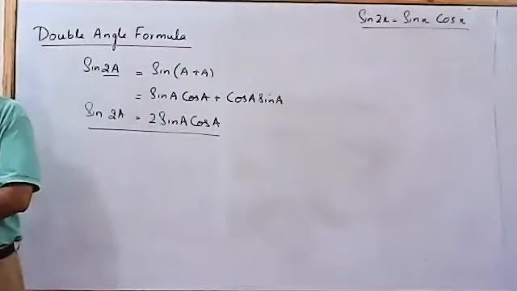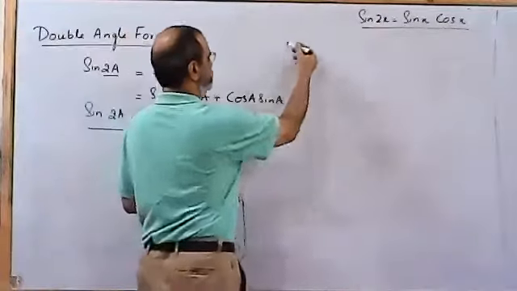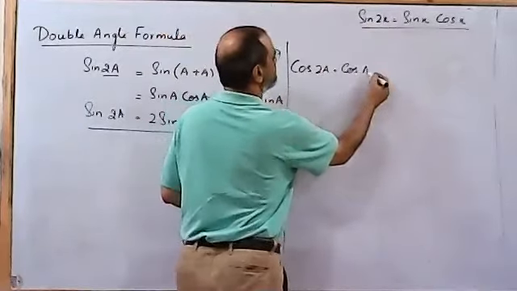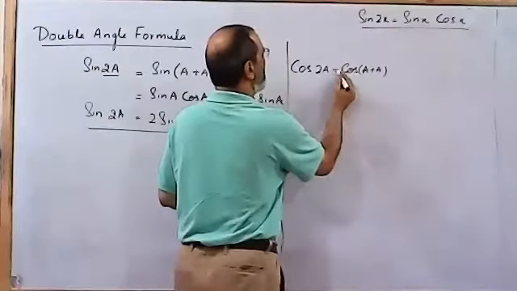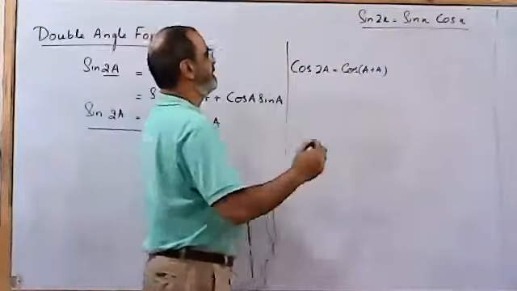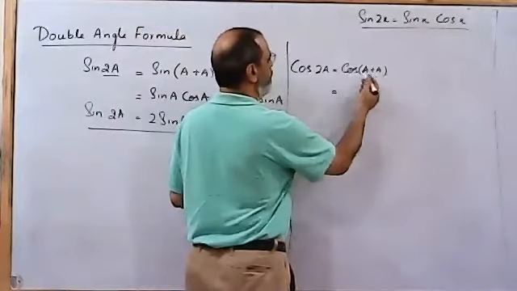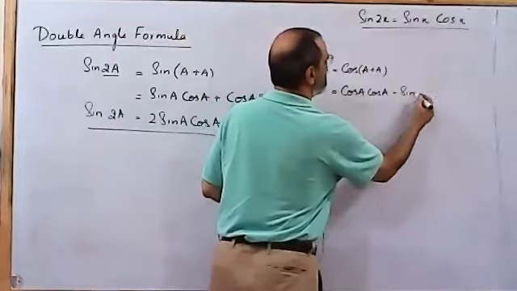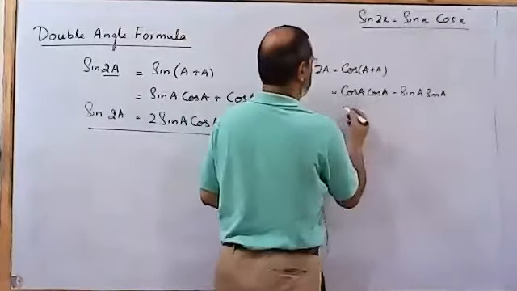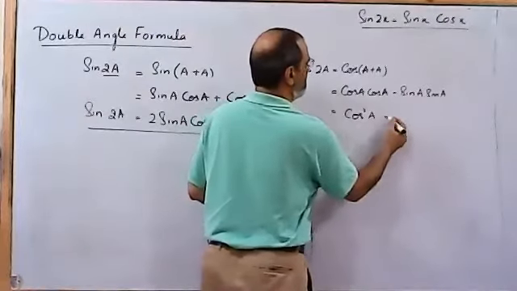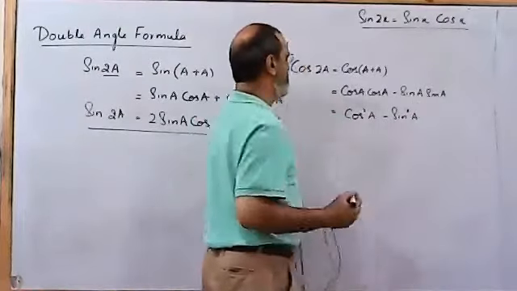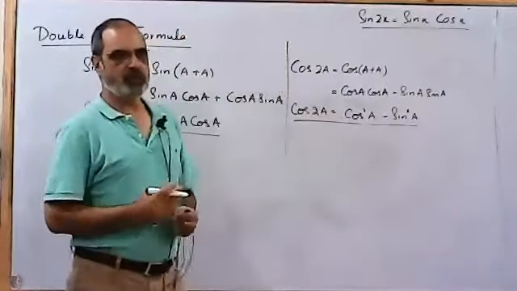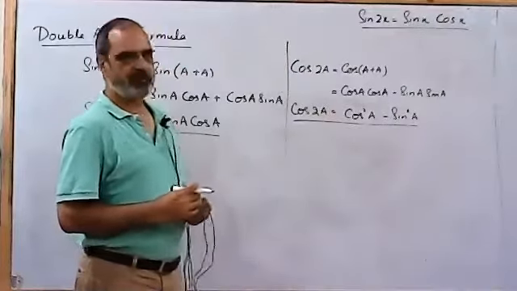Similarly, if I consider cos 2A, again I can write 2A as A plus A. If I apply the compound angle formula on A plus A, it will be cos A cos A minus sine A sine A. That would be cos square A minus sine square A. So it is the formula for cos 2A: cos 2A is equal to cos square A minus sine square A.